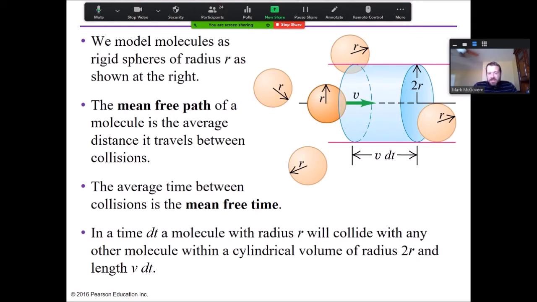The delta t is basically how often collisions take place, and that v delta t is an incremental distance. So that becomes what we call the mean free path. It's the average distance a particle will travel before it encounters another particle.